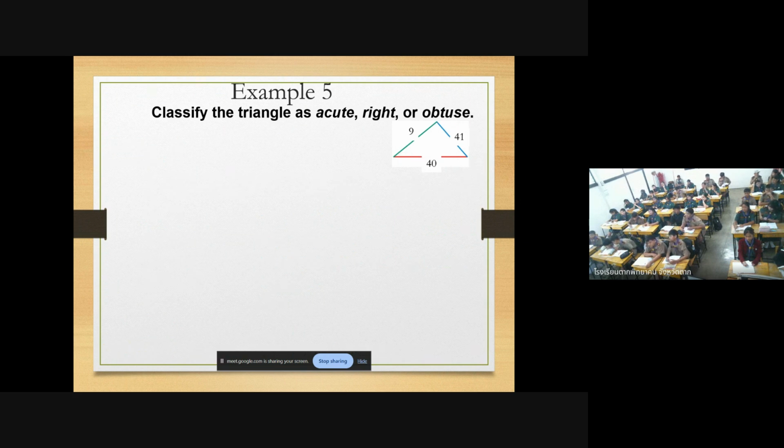Last one. I'll give you 3 minutes. Just remember, find first the longest side of a triangle, and then you can start to compare it, if that is obtuse, acute, or a right triangle.